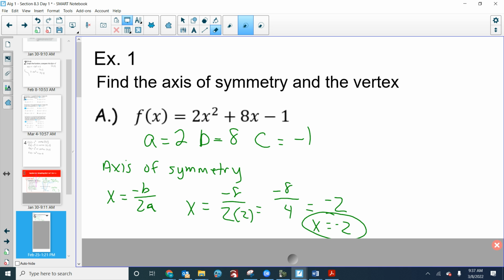That's my axis of symmetry, right? Do you guys agree somewhere on that dotted line my vertex is going to be? I don't know where it's going to be yet, but it's going to be somewhere there.